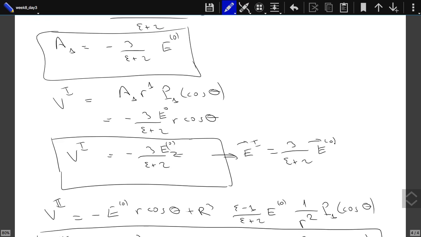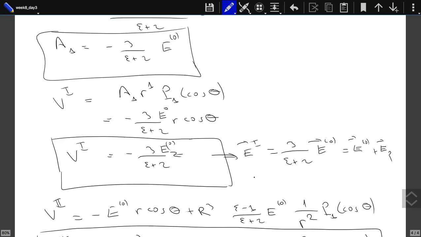And this total electric field is obtained by the superposition of the external electric field, which is just E0, plus the electric field created by this dipole, by the polarization of our system. So the polarization of our system also should create a uniform electric field. So this is E external, which is E0, plus the electric field due to the polarization.